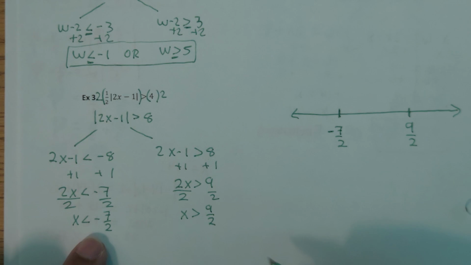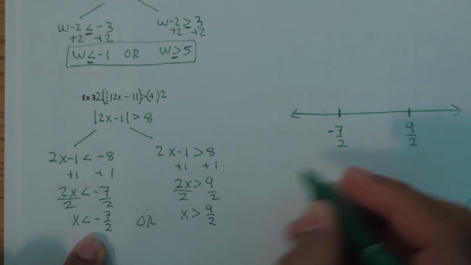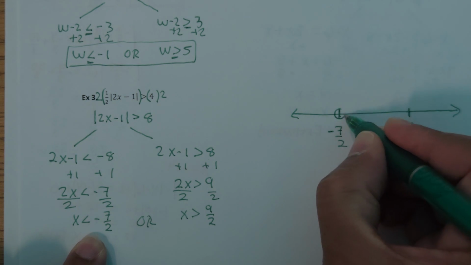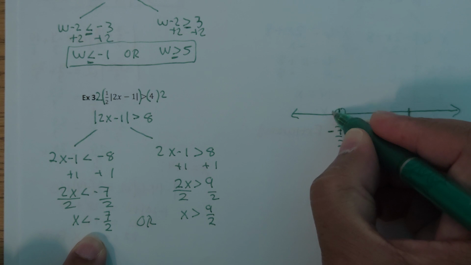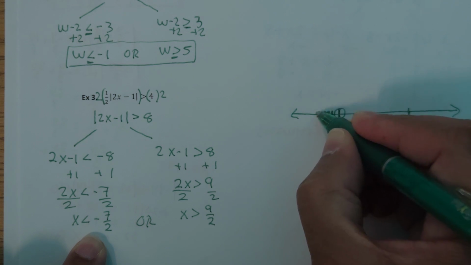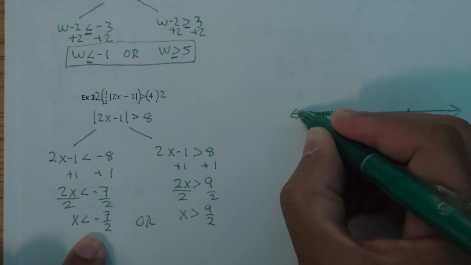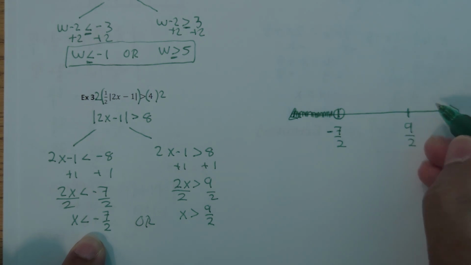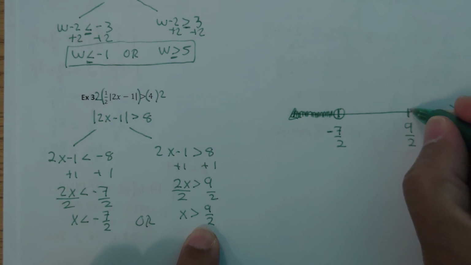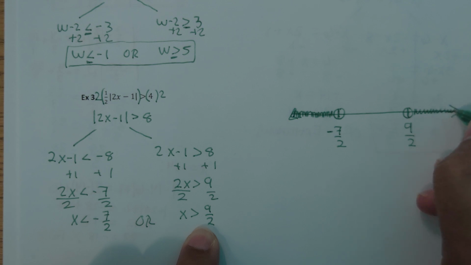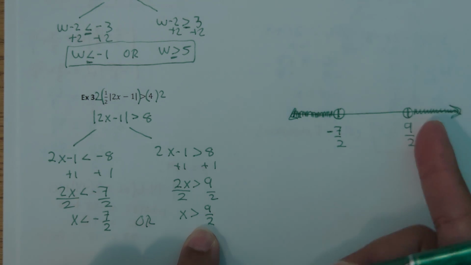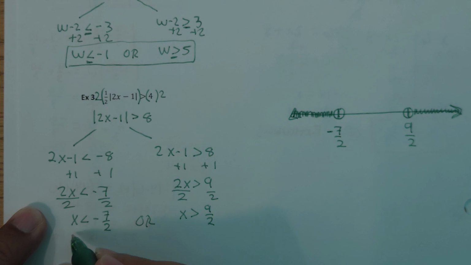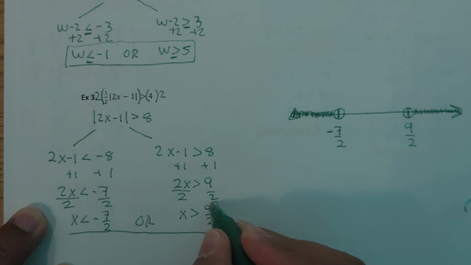This is saying less than, so from here, not including negative 7 halves, we can go to the left, because all those values can be used by this inequality. And then greater than 9 halves, so not including 9 halves, all the values to the right of 9 halves. And this is the graph that goes with the solution to this inequality.